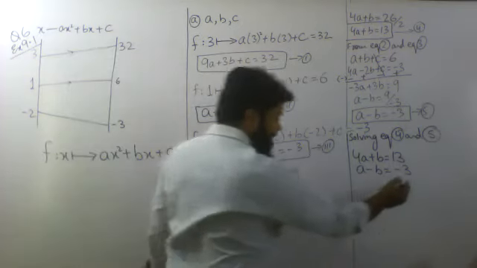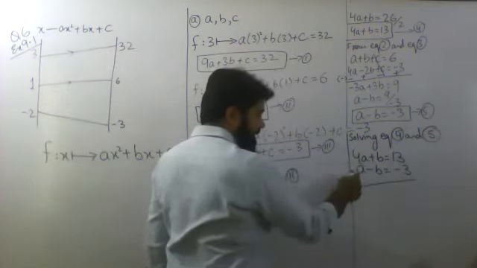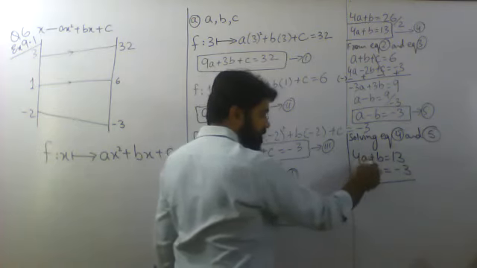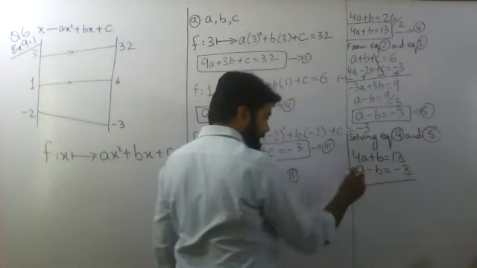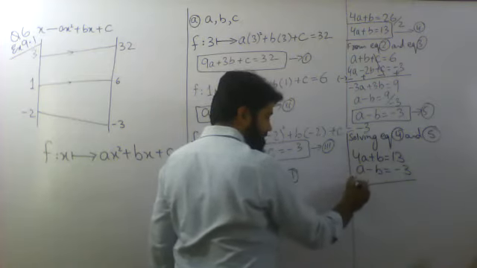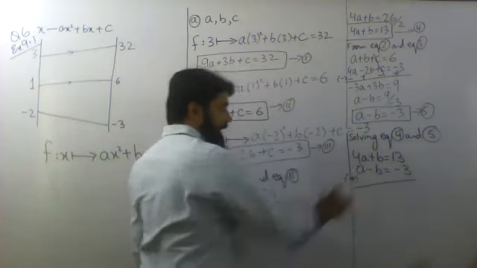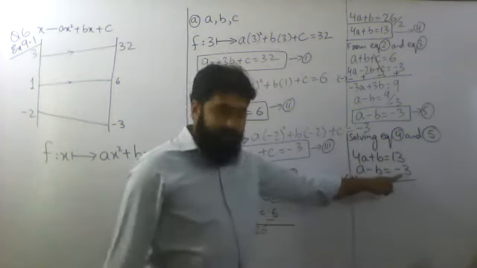Okay? Coefficients are not the same over here, but over here the coefficients are the same, and both are plus and minus. Okay? So I will be adding these two equations. It means no sign will be changed.